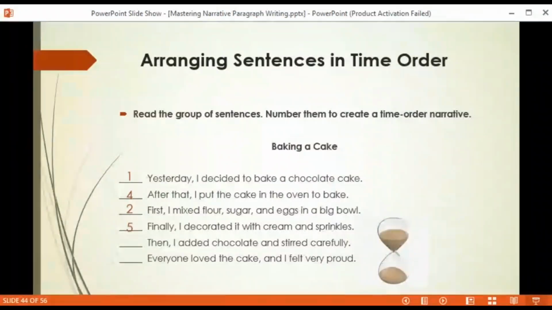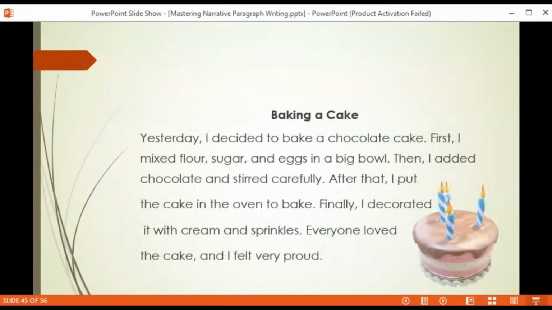One, four, two, five, three, six. Next slide, please. Now it is ordered.